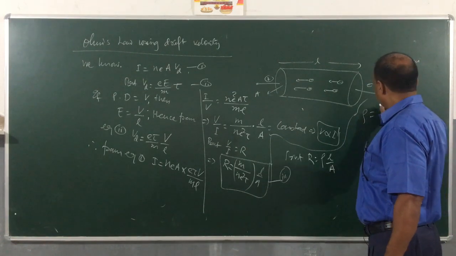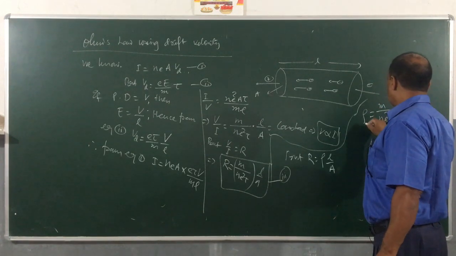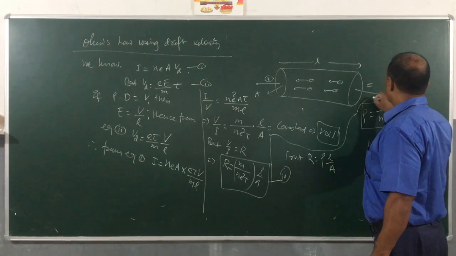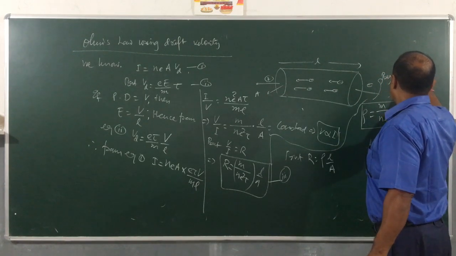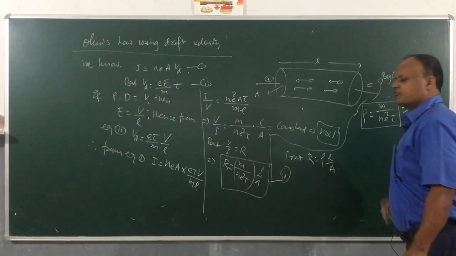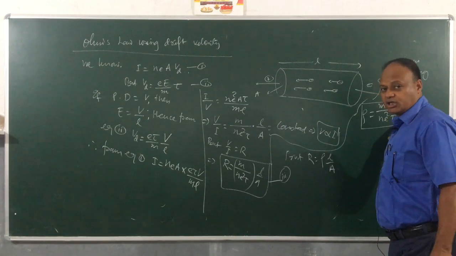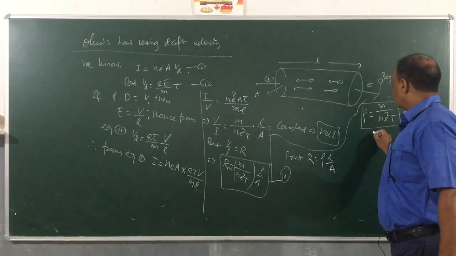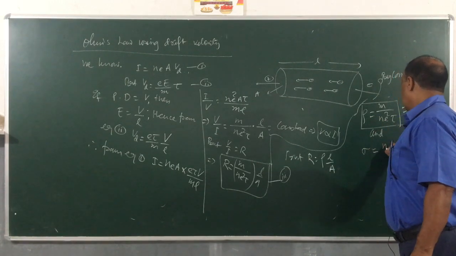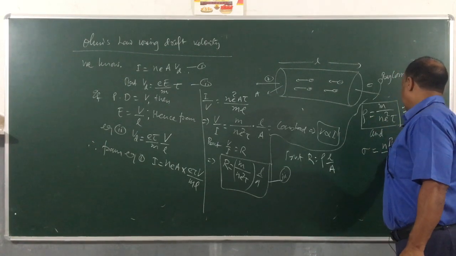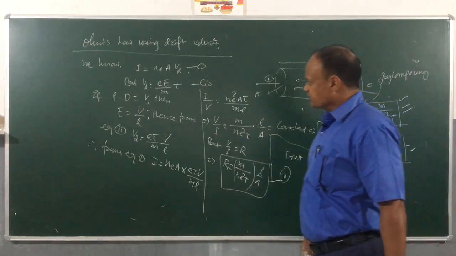Rho is equal to m divided by n E square into tau, right. And also from here, conductivity we can get, sigma is equal to 1 by rho, n E squared tau divided by m. So, these two are important outcomes of this.